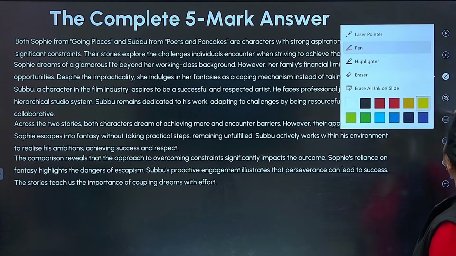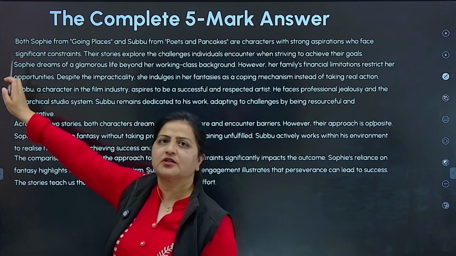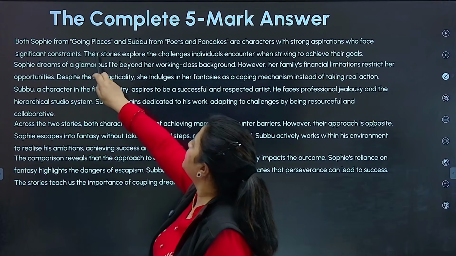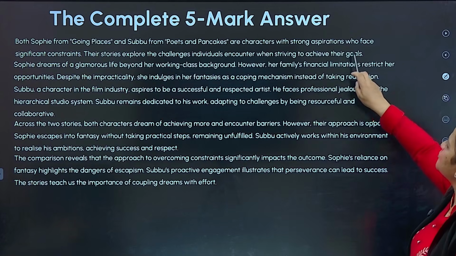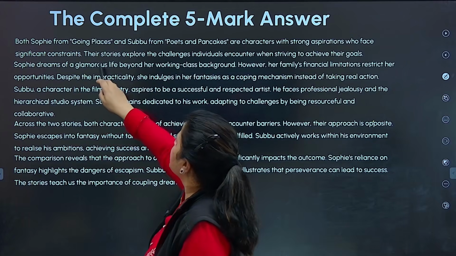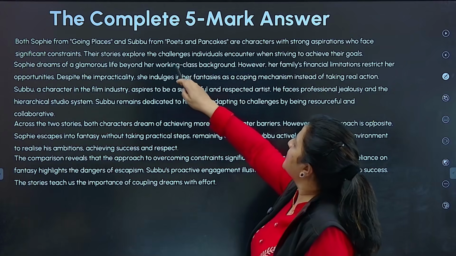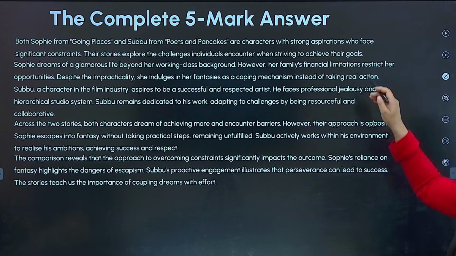So coming to step 1, that is identify and introduce the theme. That is, both Sophie from Going Places and Subbu from Poets and Pancakes are characters with strong aspirations who face significant constraints. So their stories explore the challenges individuals encounter when striving to achieve their goals.